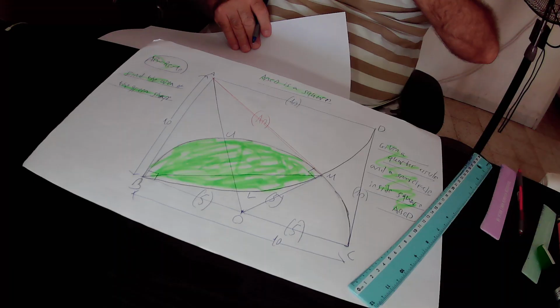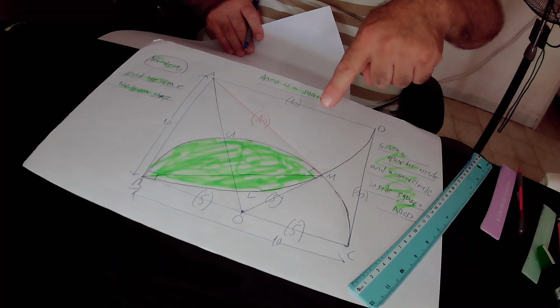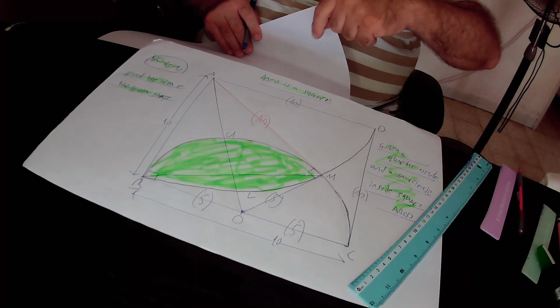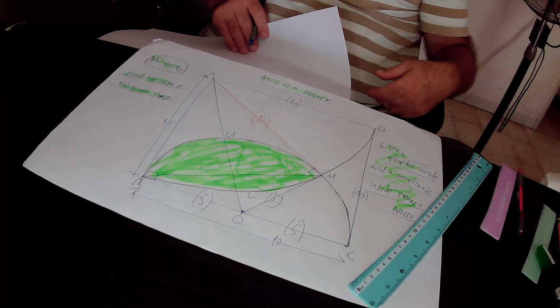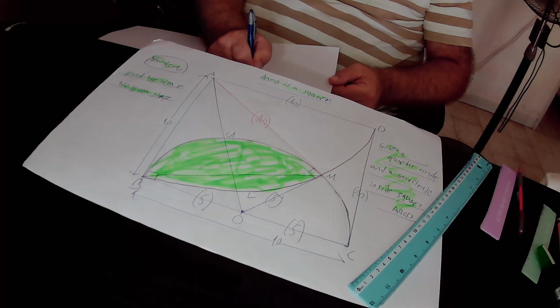In addition, side AB of the right triangle AOB equals side AM of the right triangle AOM. They're both equal to 10 and therefore equal to each other. So AB equals AM equals 10.